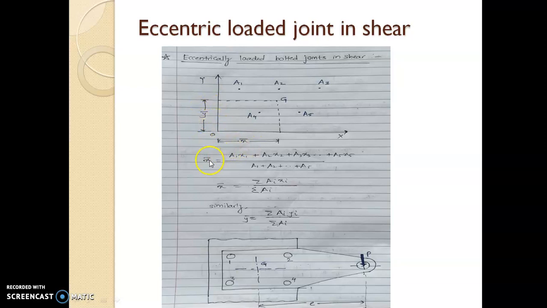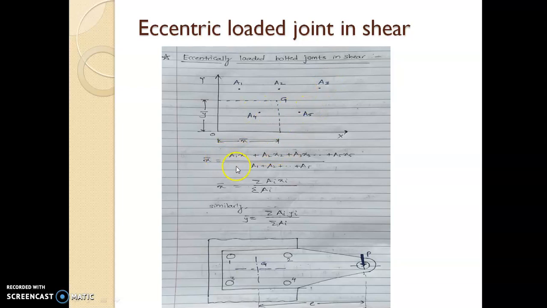This x bar is equal to a1 x1, that is, area a1 into x1, the x coordinate distance of bolt 1, plus a2 x2, the area of the second bolt into its x coordinate distance. x3 will be this distance, x4 will be this distance, and x5 will be this distance. The areas are a1, a2, a3, a4 and a5.